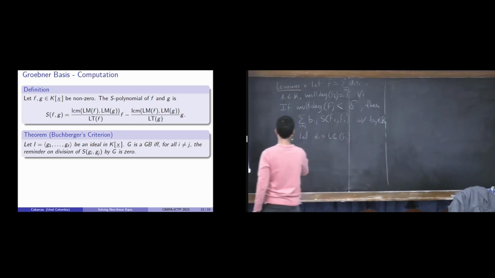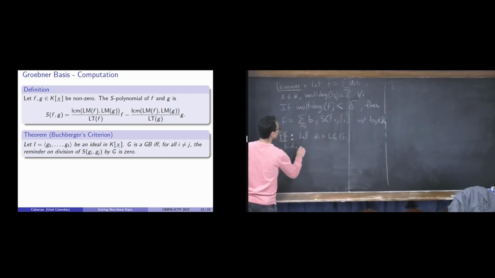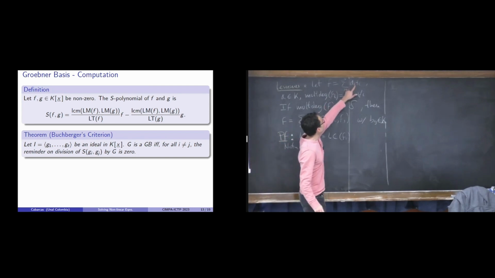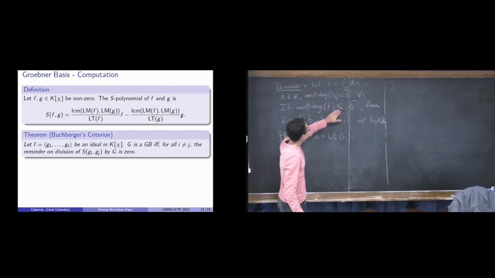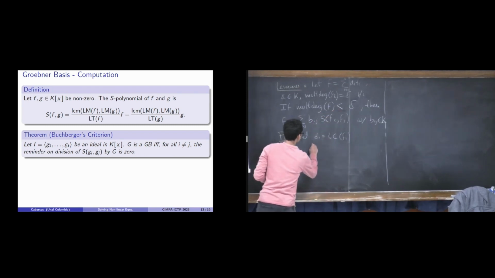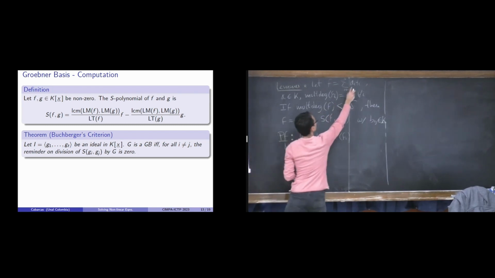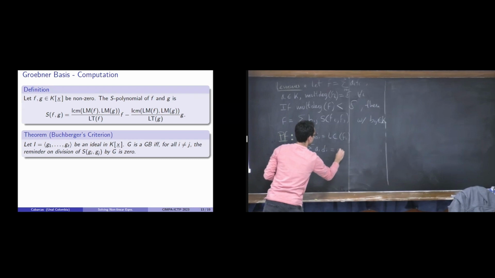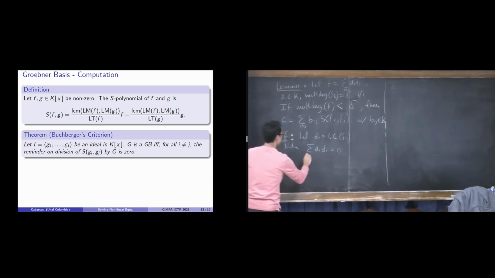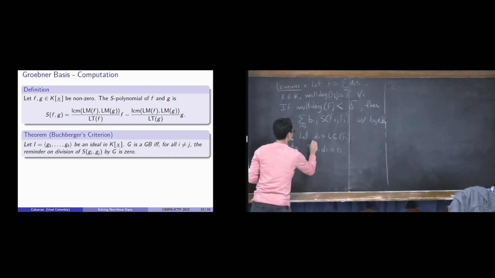Note that since there's cancellation happening on the leading terms, then the sum of the a_i multiplied by these leading coefficients is equal to 0, with i equals 1 to s.